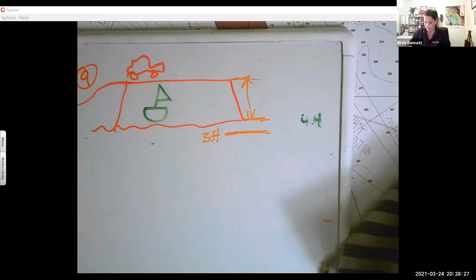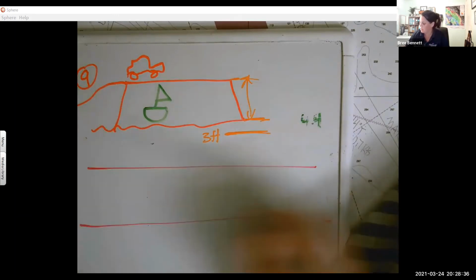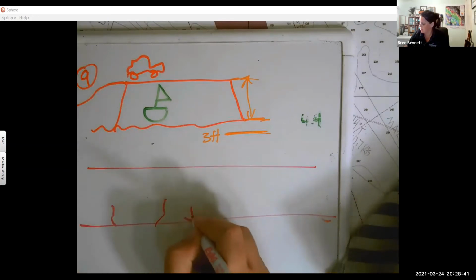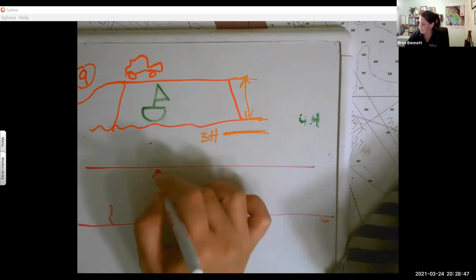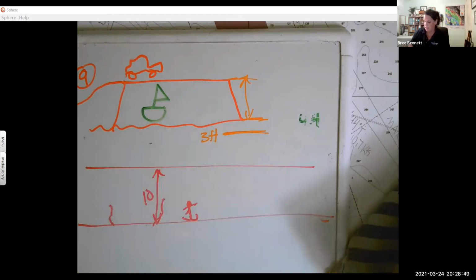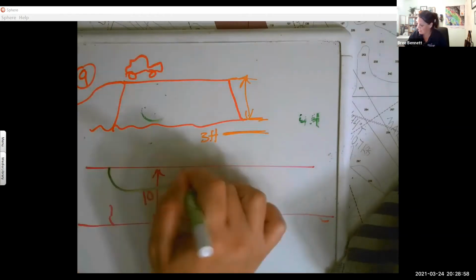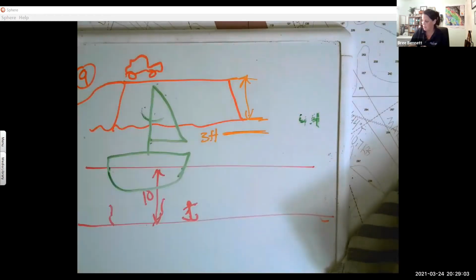So if the charted depth here is, here's the seafloor. Here's where your anchor is. If the charted depth is 10 feet, I'll make my boat different. Here's my boat. Are we seeing what I'm drawing here?